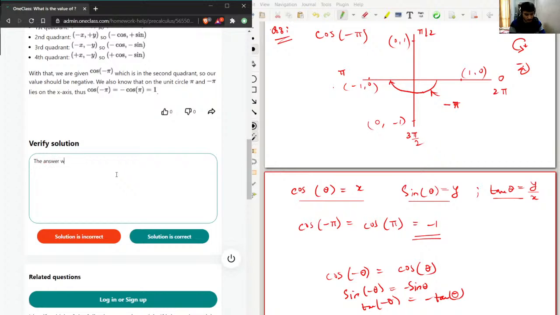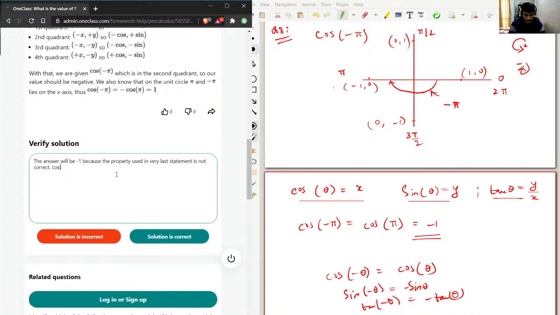The answer will be minus 1 because the last statement is not correct.